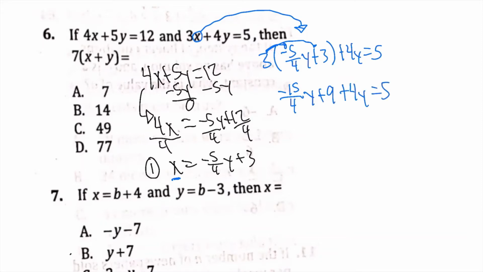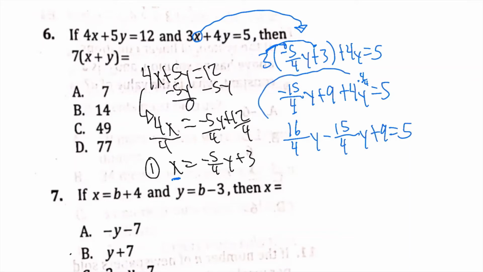Now my denominator here is a 4 on the bottom. So I have to get my other y value to have a denominator 4. So I multiply top and bottom by 4. 4 over 4, right? So then I'm going to have 16 over 4y minus 15 over 4y plus 9 equals 5.